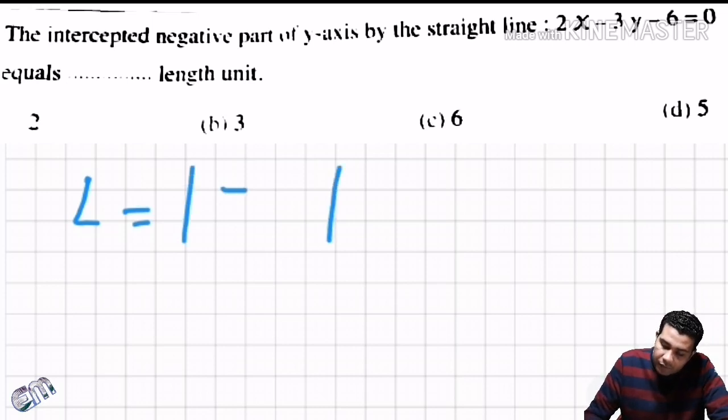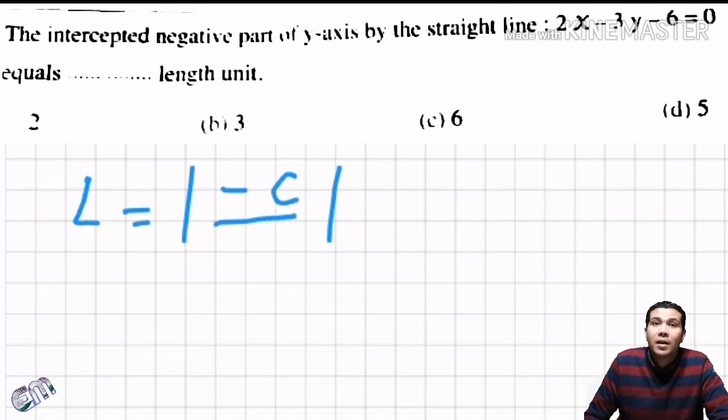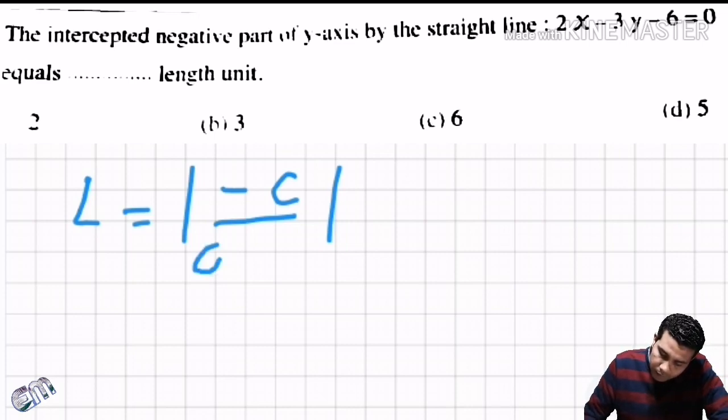Of negative c, the constant term in the equation, over the coefficient of y. Negative c over coefficient of y in the equation 2x.